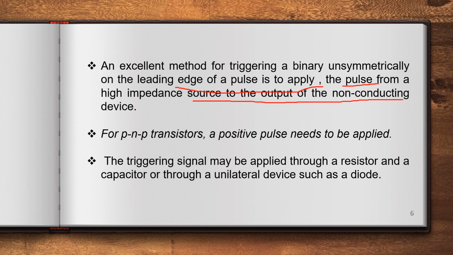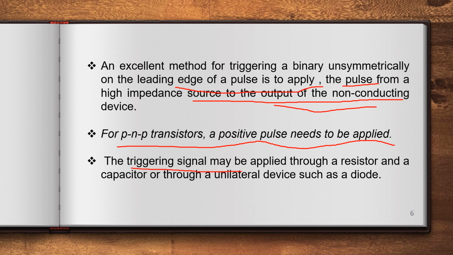That means a negative pulse is applied at the output of the non-conducting device, that is, at the collector of the off transistor. For PNP transistors, a positive pulse needs to be applied. For an NPN transistor, you can apply a negative pulse at the collector of the off transistor.